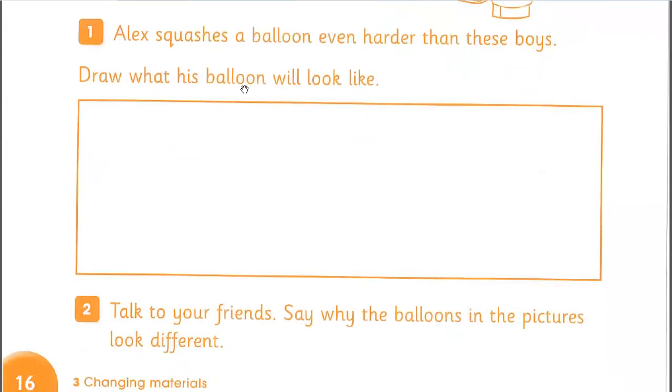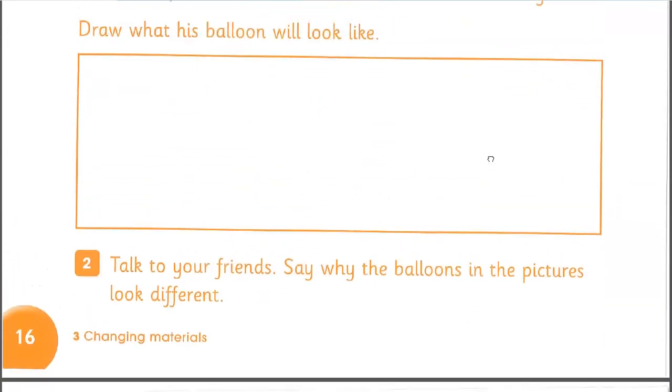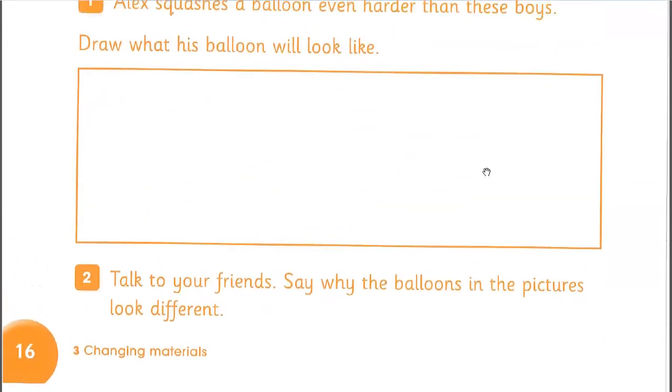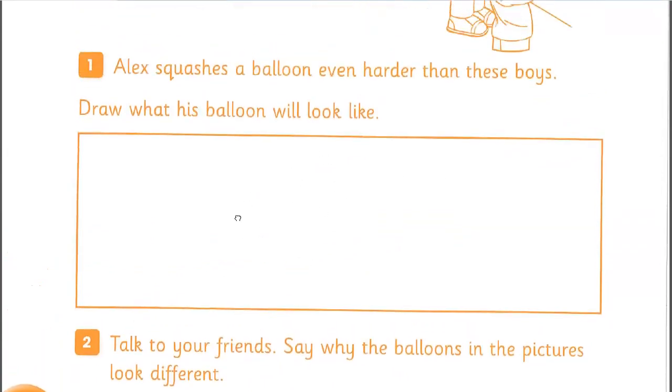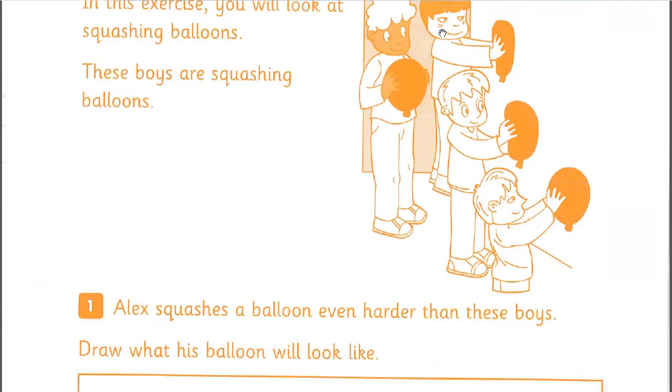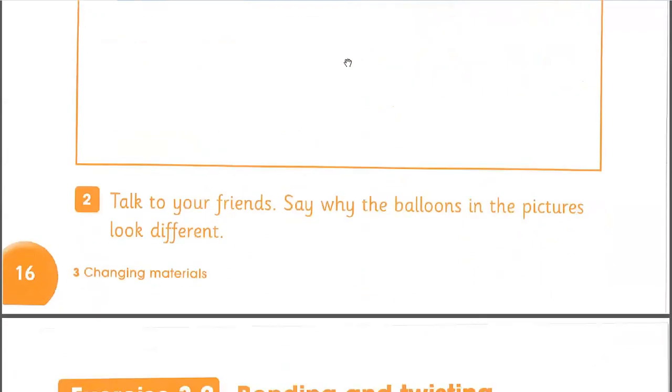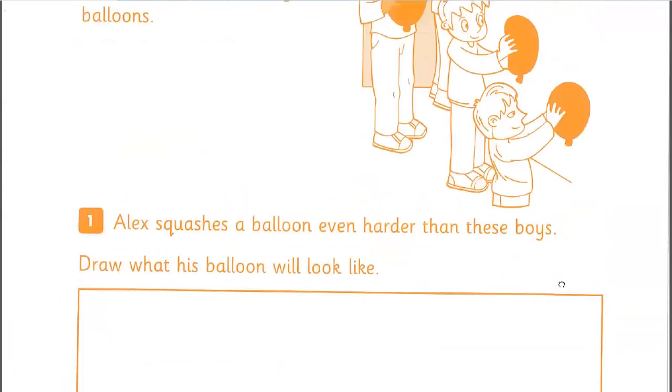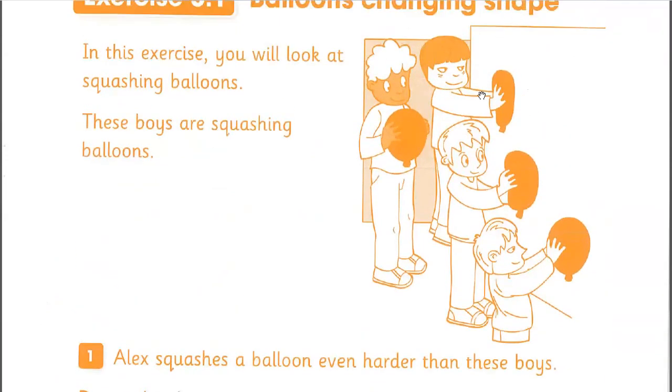Draw what his balloon will look like. Talk to your friends, say why the balloons in the pictures look different. So boys, here you are going to draw the shape of Alex's balloon in the box. You can see each picture has a different shape of the balloon.